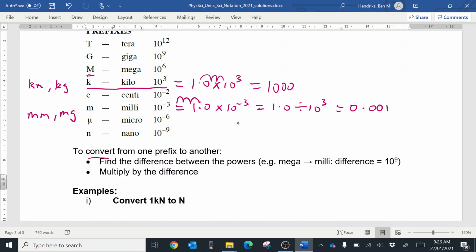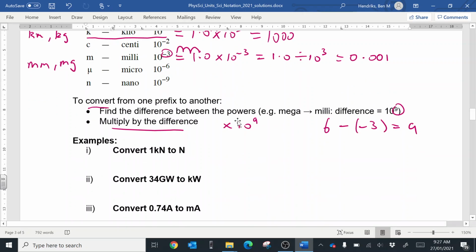And what you can do is you can look at the prefixes, so you can go 6 minus a minus 3, so it's minus negative 3, and that's equal to 9, and that's how we get our little 9 there as well. And then you can multiply it by the difference. Okay, so whatever our number was, we multiply by 10 to the 9. Multiply by the difference.